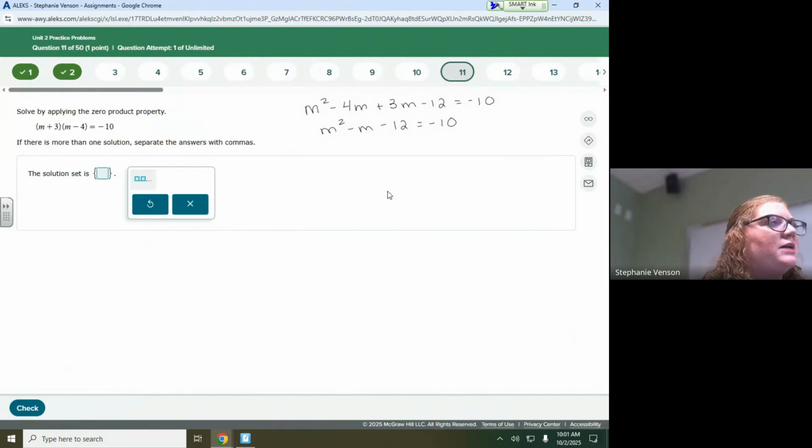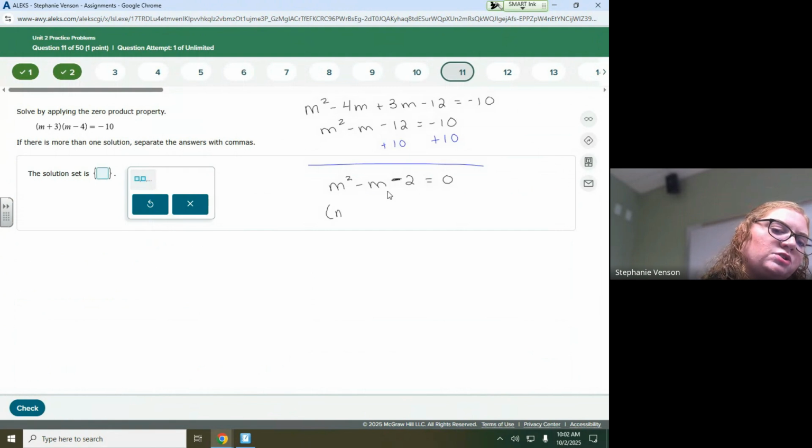What would be my next step, though? Yep. Add 10 to both sides. So that would give me m squared minus m plus 2. No, minus 2. Minus 2 is equal to 0.